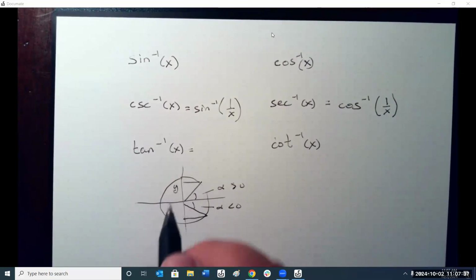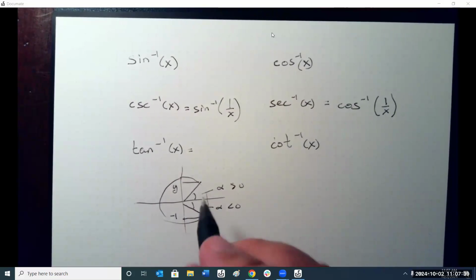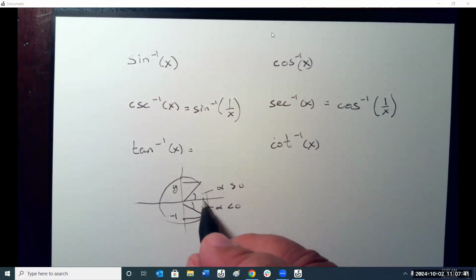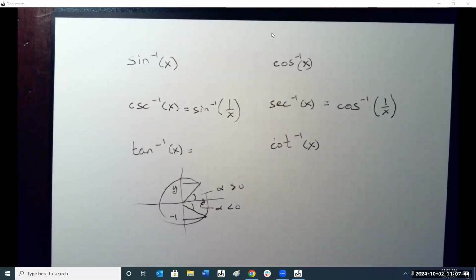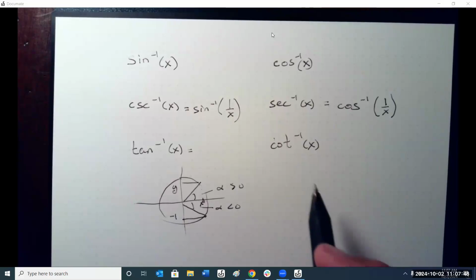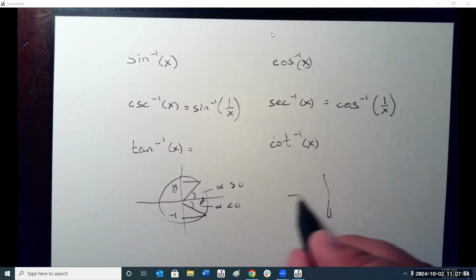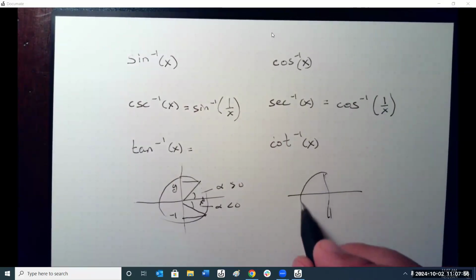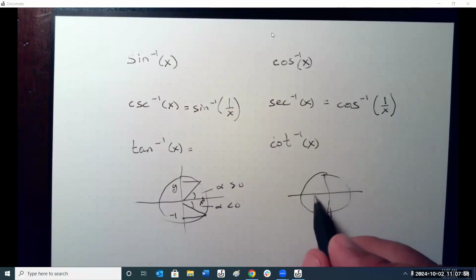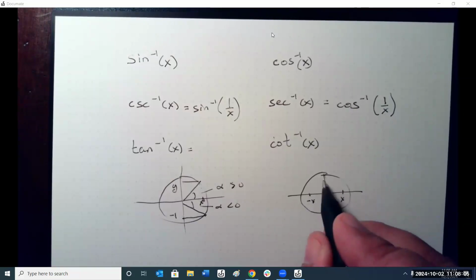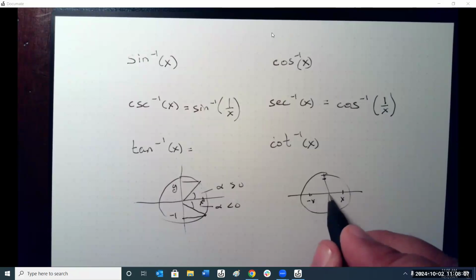So we have a positive y or a negative y, and the x values are the same. That's with the regular function. But what changes now is when we do the inverse, the x and y change. So x is going to be negative x and positive x for the same value of y.